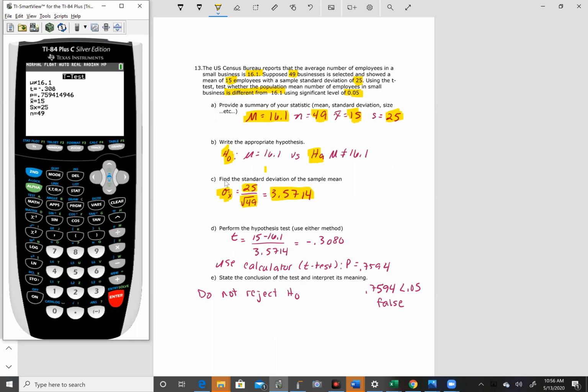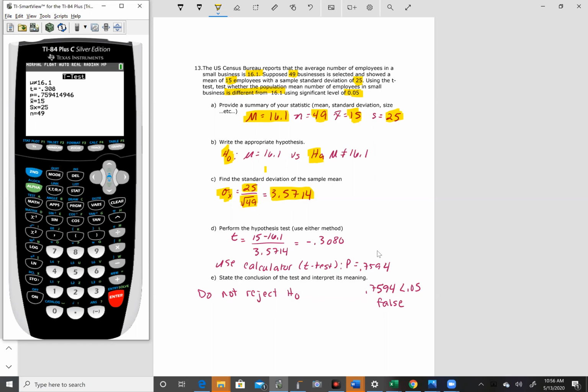You do have to do the standard deviation by hand. It doesn't come up in this t-test, even though you technically don't need it now to find the t-score. I think they just want to make sure that you can find that. But both the t-score and the p-value are here. The p is 0.7594.